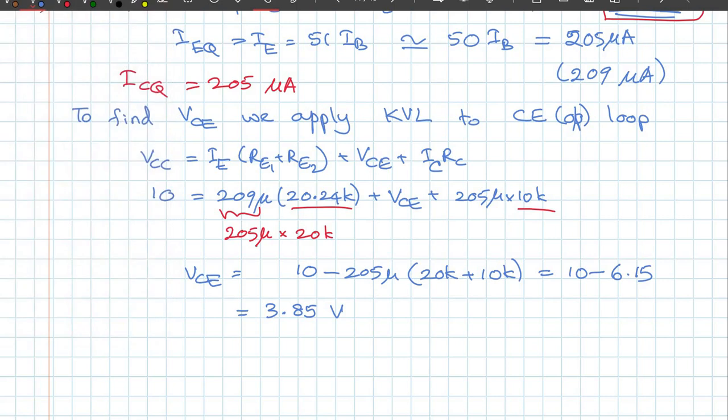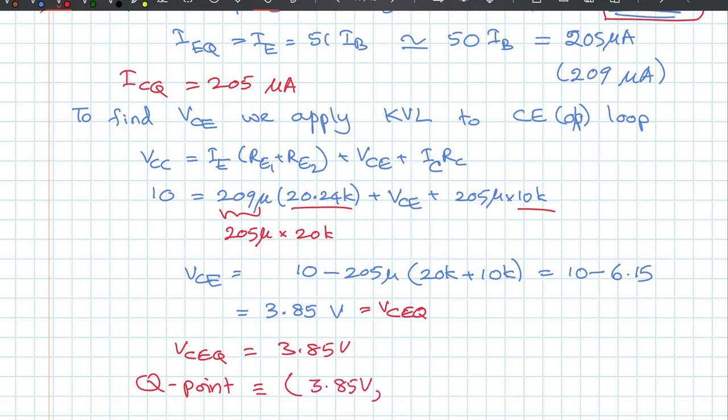So therefore my VCEQ equals 3.85. So I know my Q point now. The Q point is equal to 3.85 volts and 205 microamperes. This is one of the things that I was supposed to find.